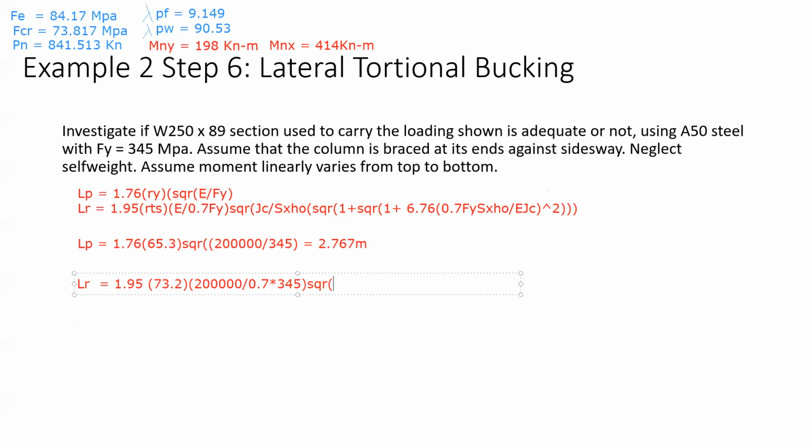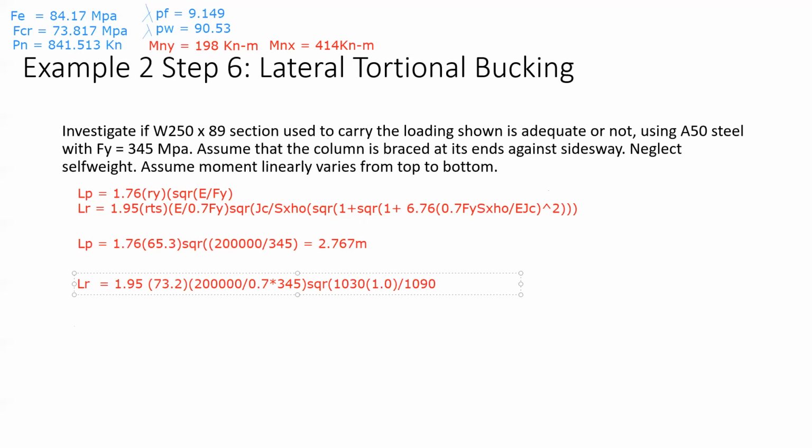So given din yan. 10,030 times 10 raised to 3. Pero kinonvert na ata siya into, as is na. And we have times 1.0, that is your CB. So 1.0 na multiplier divided by 1090 is your value of SX.